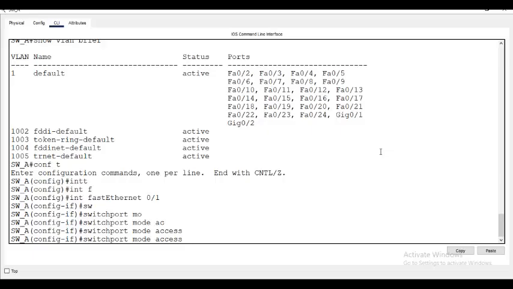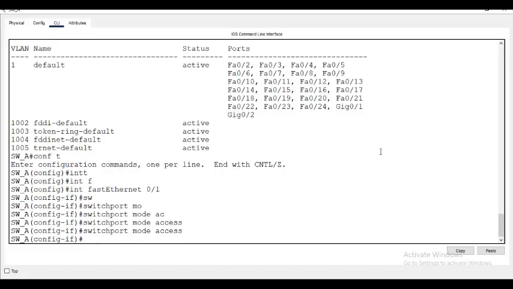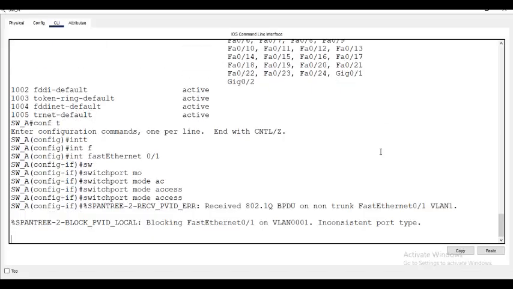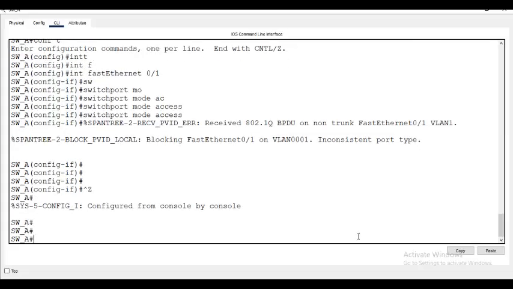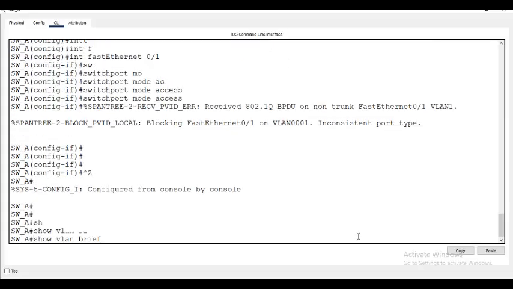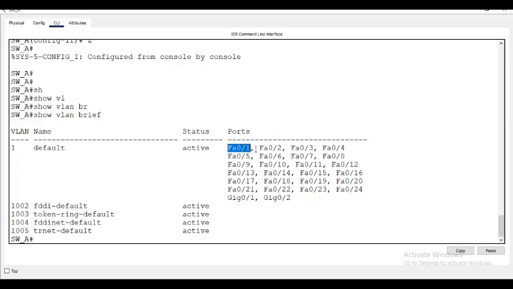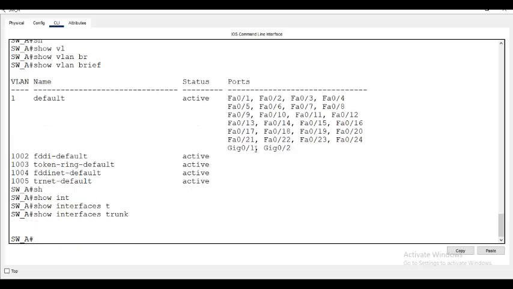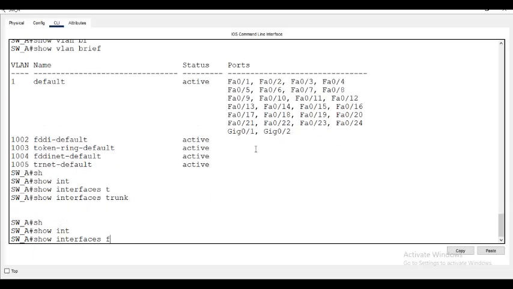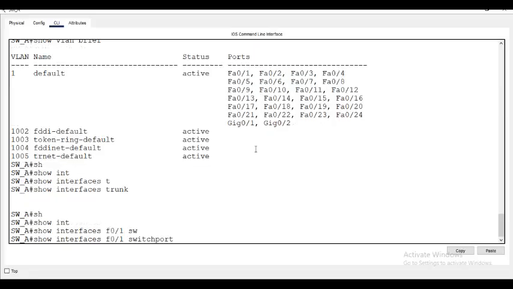Show vlan brief has got the interface back. Show interface trunk, no interface. Show interface F0/1 switchport. You can see here, because I made administrative mode as access, operational mode is forced to be an access. Trunk negotiation is off now. It cannot go and say, come, let's form a trunk. It cannot do that.